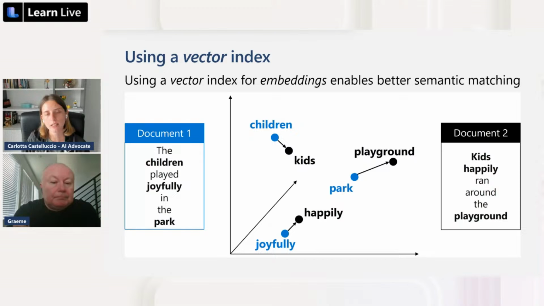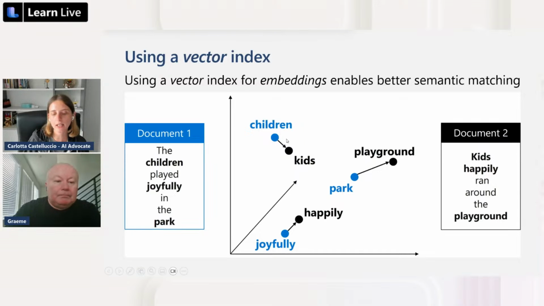Now, not all vectors are created the same. They can vary in their creation and quality. But one example is embeddings, which are a specific type of vector representation created by a machine learning model. You might have heard already of the OpenAI ADA embedding, which captures the semantic meaning of the text, representing words in the vector space in a way that words with similar meanings are closer together in a multidimensional space.